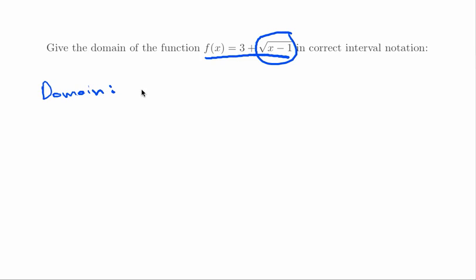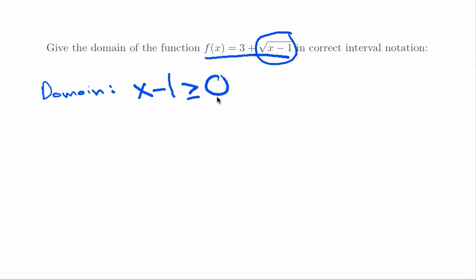I can find by just finding all the values of x so that x minus 1 is bigger than or equal to 0. Okay, whatever x values make this inequality true are going to have no problem going through this function, like 10 or 2 or even 1 is okay, but anything that makes x minus 1 less than 0 is out of the domain.